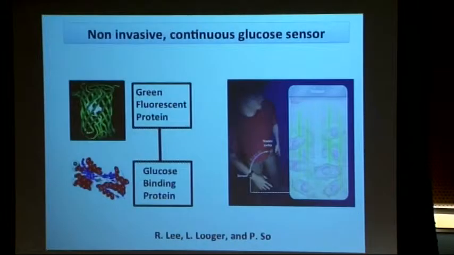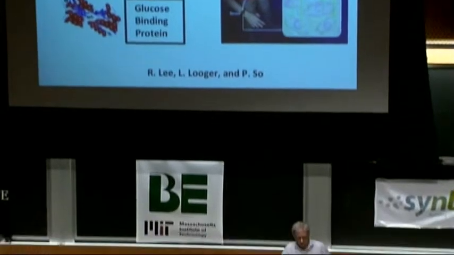The last thing I would say about this is some work initiated here by Peter So and Lauren Luger and Rich Lee at the Brigham. And they've done some very nice, yet-to-be-published work with a slightly different idea on the sensing side. The sensor I told you about in the previous slide is a needle that has to be implanted and kept in the patient.